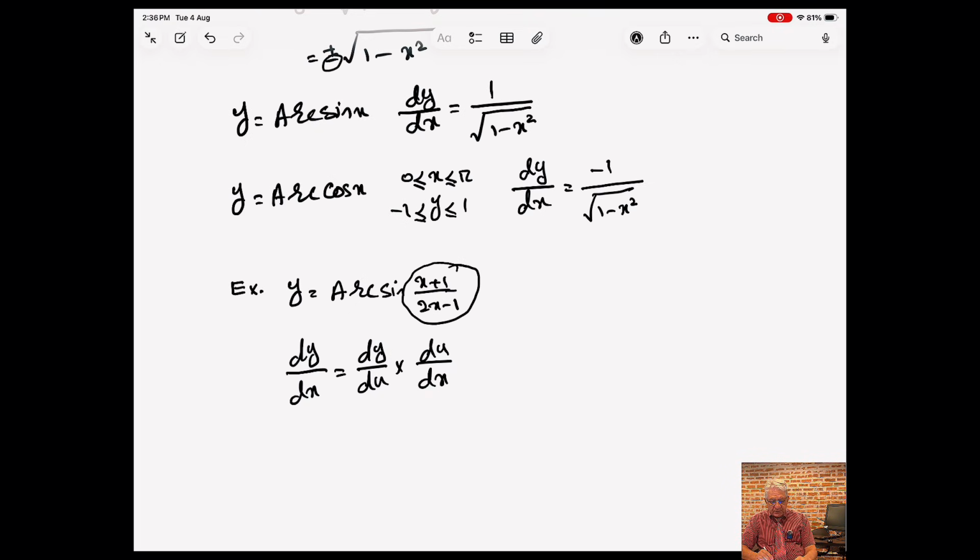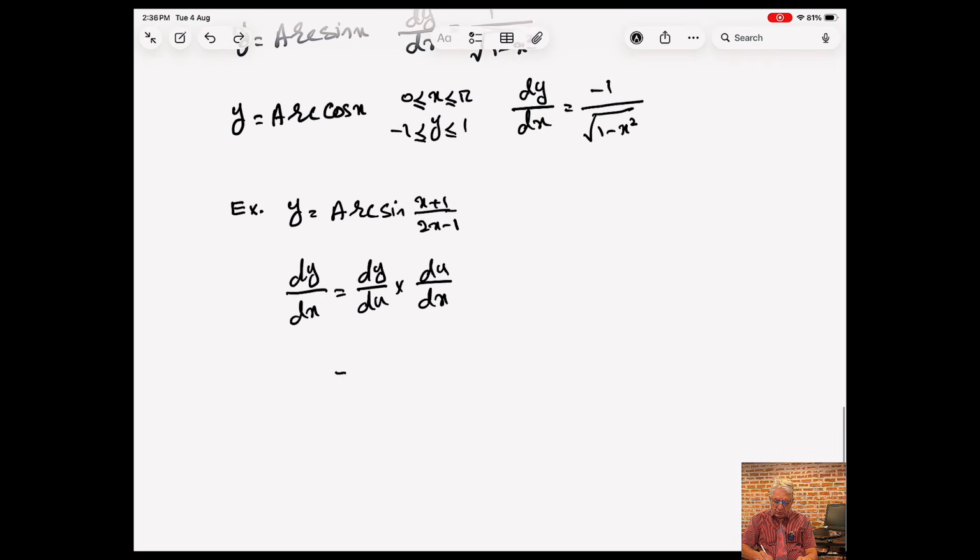So this will be equal to 1 divided by a square root of 1 minus u square, where u is (x plus 1) divided by (2x minus 1) square. Now times, this is dy by du, 1 divided by a square root of 1 minus u square, times du by dx.